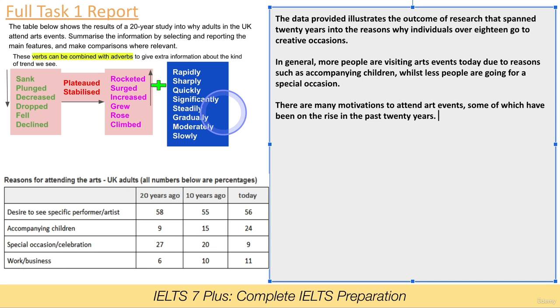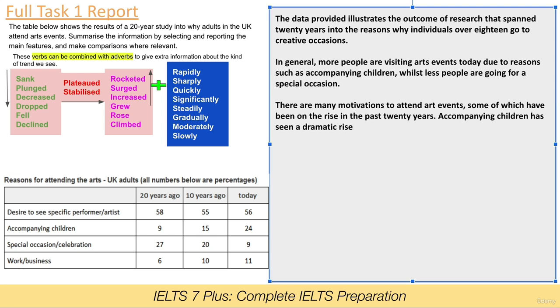Let's talk about attending with accompanying children. Accompanying children has seen a dramatic, this is where we can use our words, dramatic rise. And now we can draw upon numbers here.